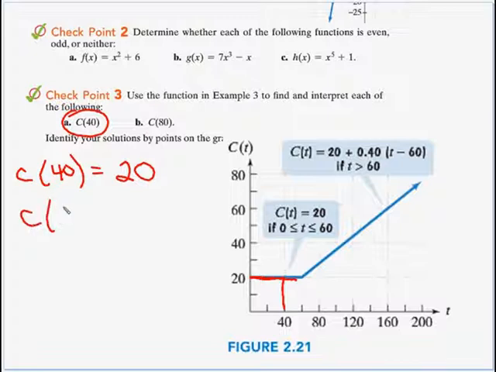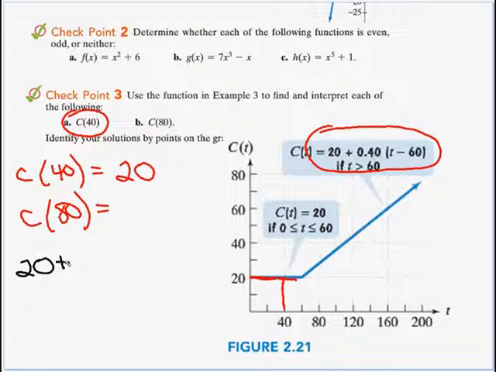C of 80 is outside the range of 0 to 60, so that goes in the second piece of the piecewise function right here. So C of 80 is going to be 20 plus 0.40 times 80 minus 60.